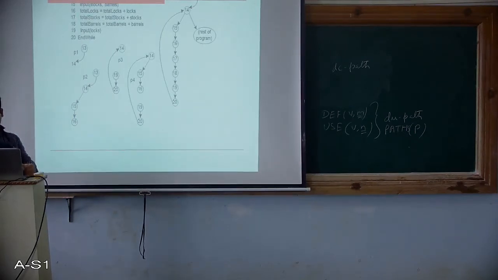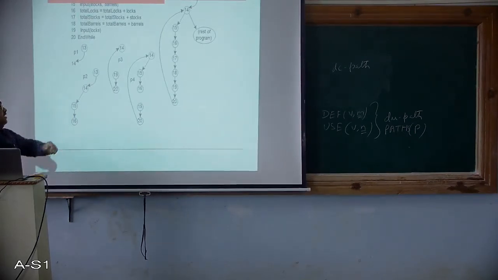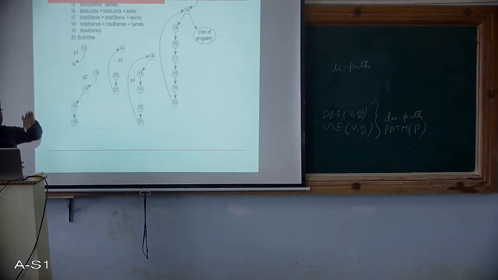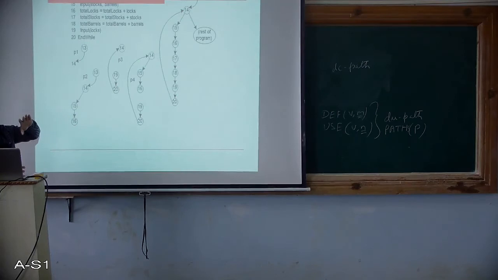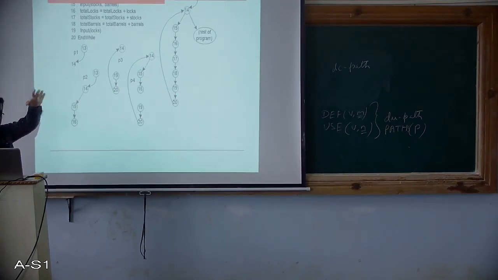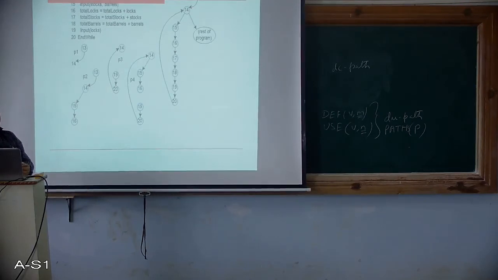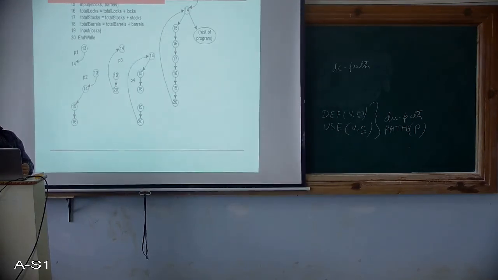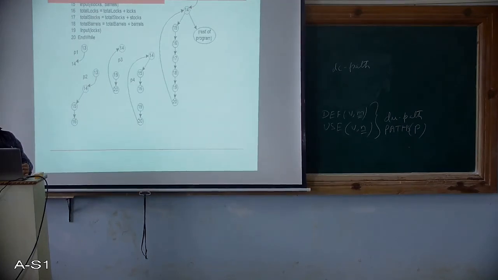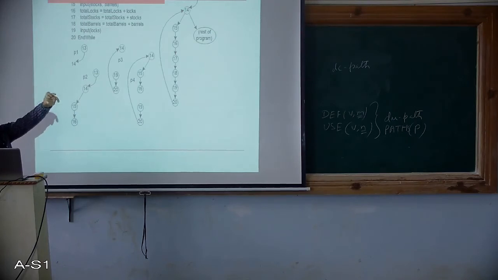Now the DU path 13 and 14. What is the DU path? As I told you, the defined node is the starting node and the use node is the end node. Starting from m to n, where the same variable is defined in the starting node and ends in a use node.